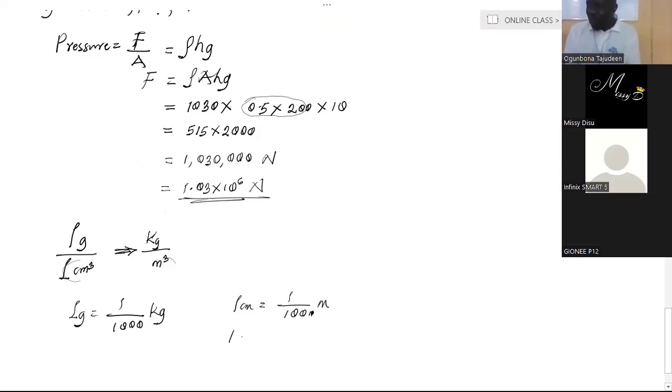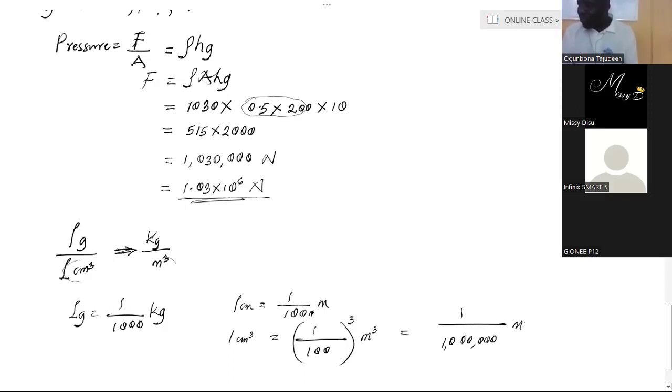So that means 1 cubic centimeter will give you 1 all over 100 cubed meters, which is the same thing as 1 all over 1 million cubic meters.